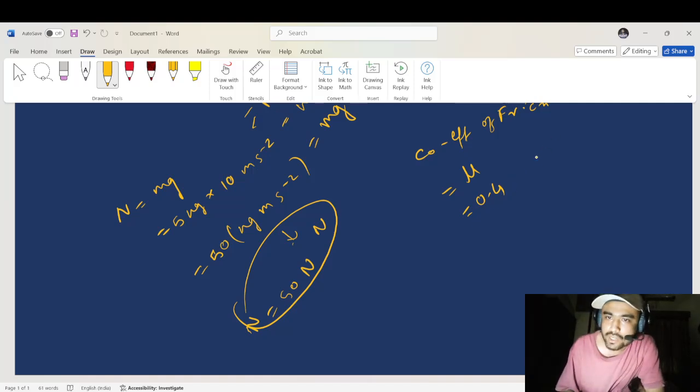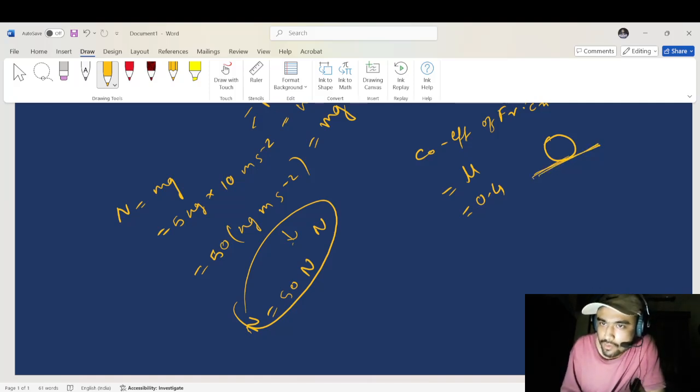The coefficient of friction doesn't apply to only one surface, right? There will be one object moving across another surface.